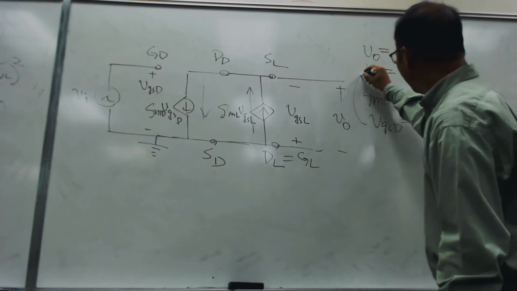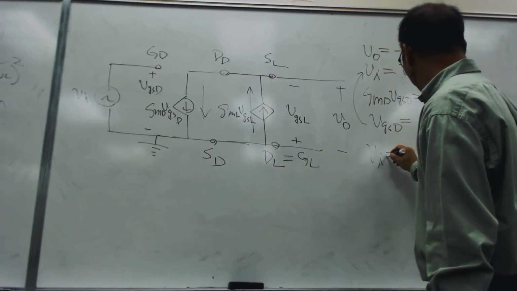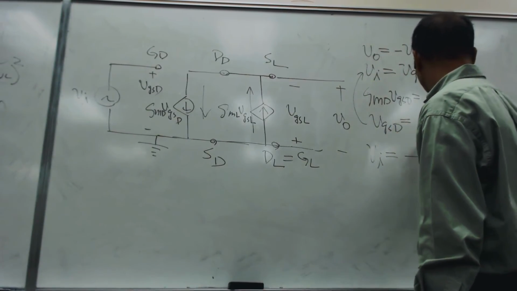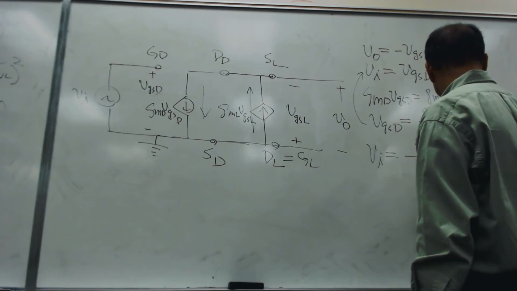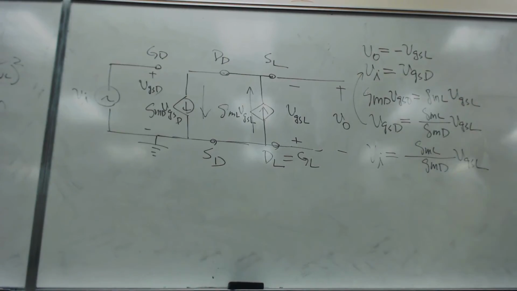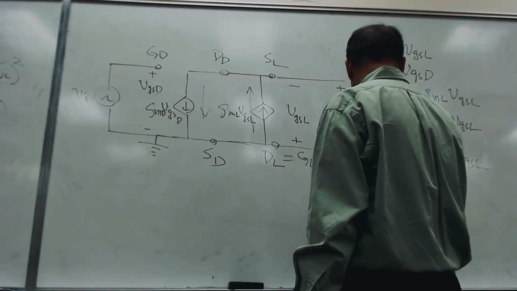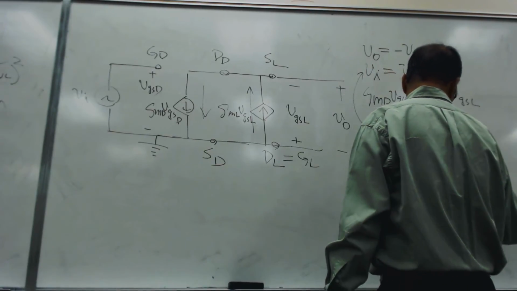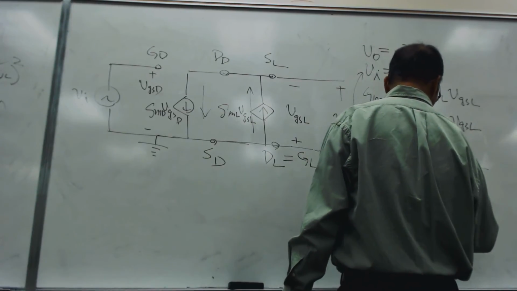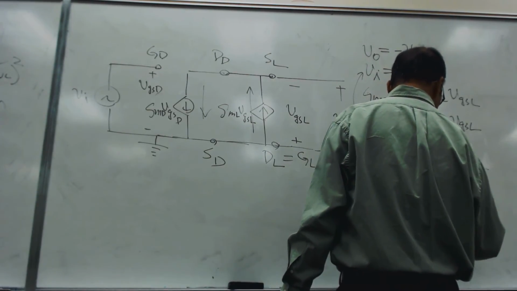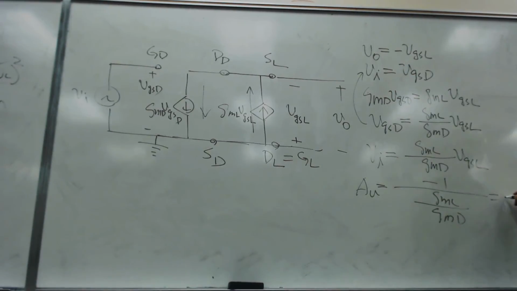Now I'm going to put this here, right? So V sub I, which is the same as VGSD, is gmL over gmD times VGSL, correct? And now I can take the ratio. So A sub V will become minus gmD over gmL.